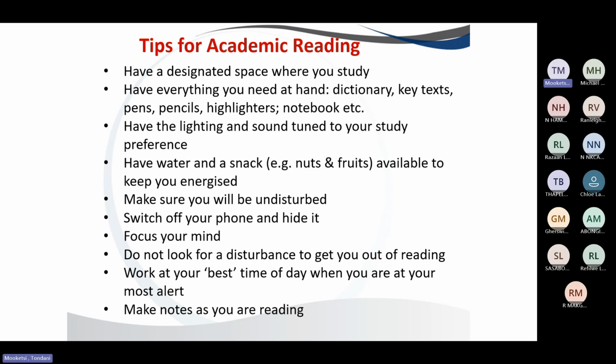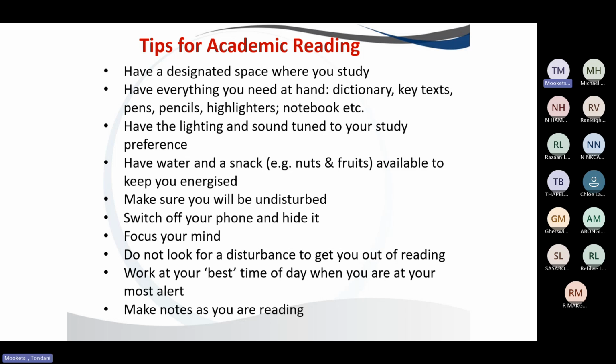So some of the tips I can share with you for academic reading at university level. You must have a designated space where you study, whether it's at home or at the library or you study at the office, but have a space where you study so that when you get there, your brain knows that now it's time for study.